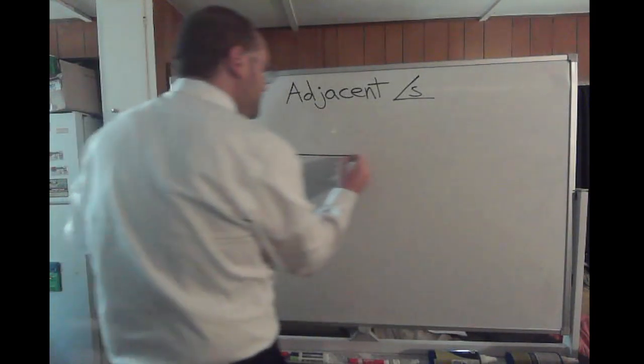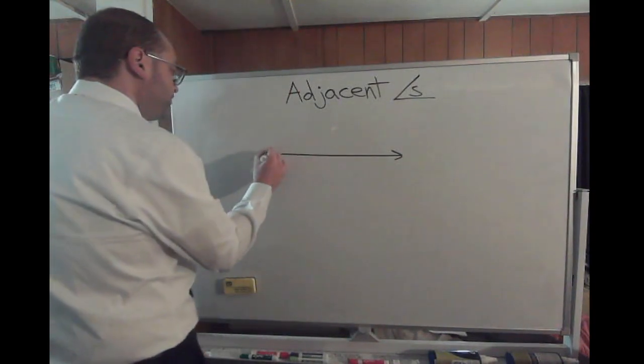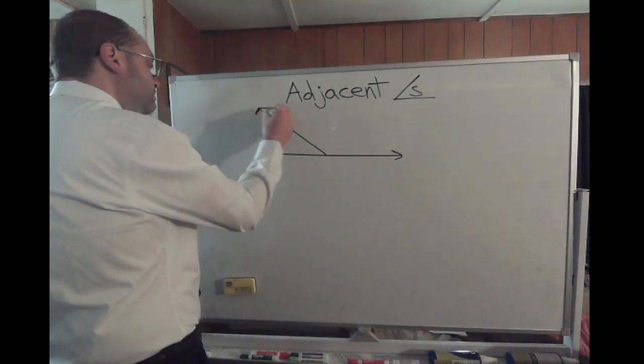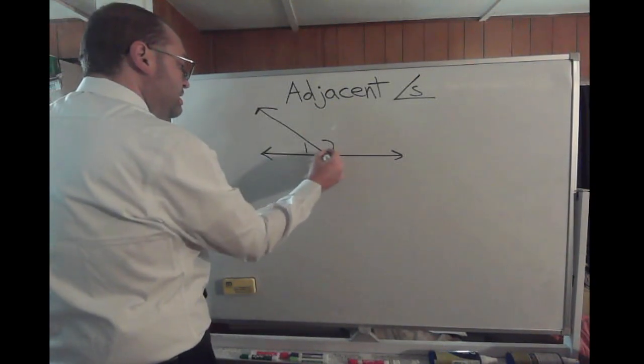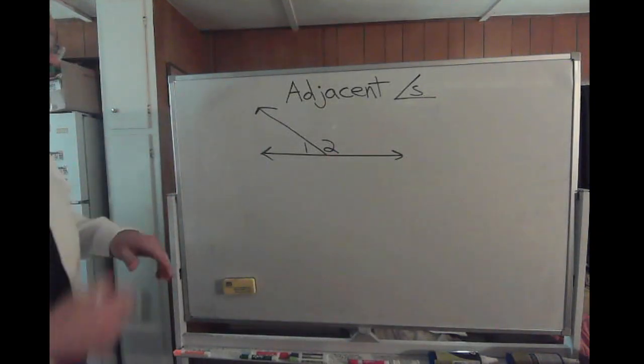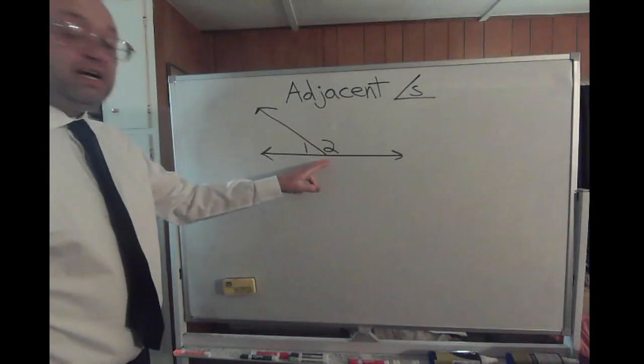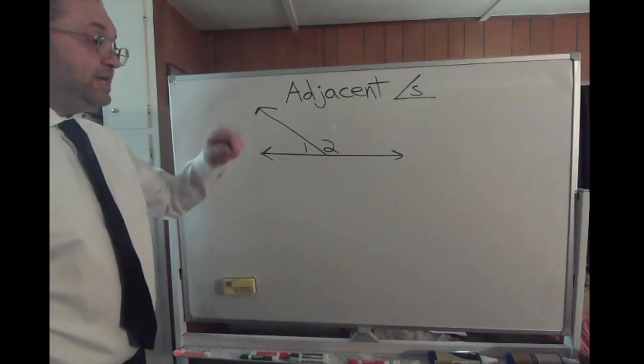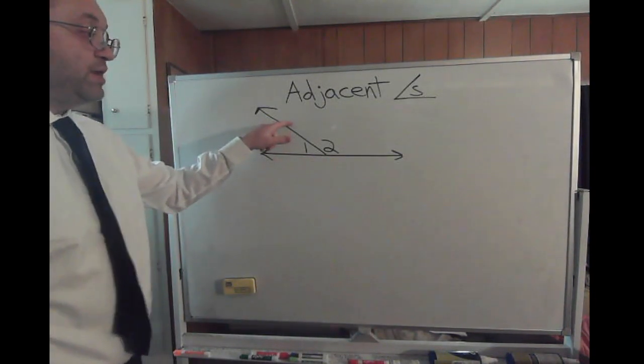How about this one? We have angle 1 and angle 2. Well, they both have a common vertex, right? They sure do. And they even share a common side, this ray right here.